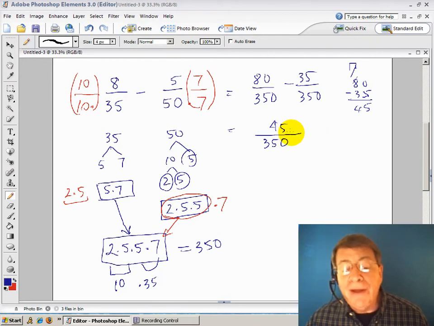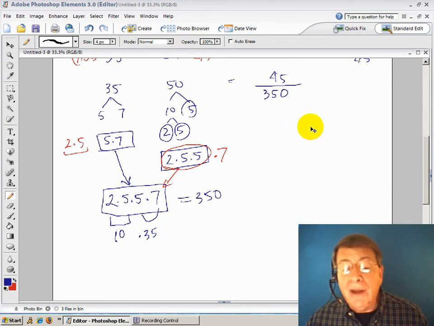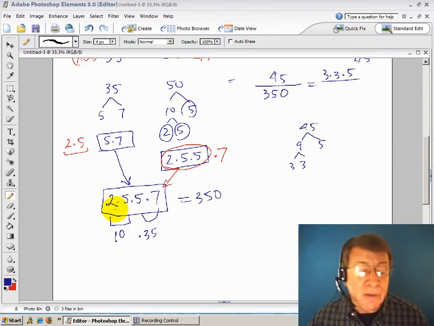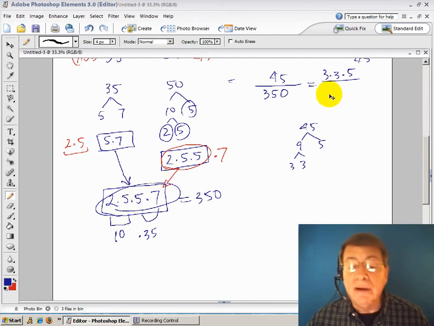Now 45 and 350 appears to look like, well, there's a 5 and a 0. We know it's divisible by 5. But let me do something clever. I'm going to take 45 and break it down into 9 times 5, and I'll break this 9 into 3 times 3. So 45 is 3 times 3 times 5. And 350, we know from this right here, is 2 times 5 times 5 times 7.